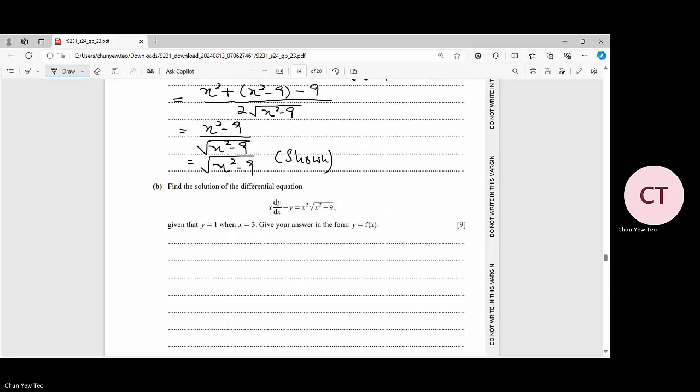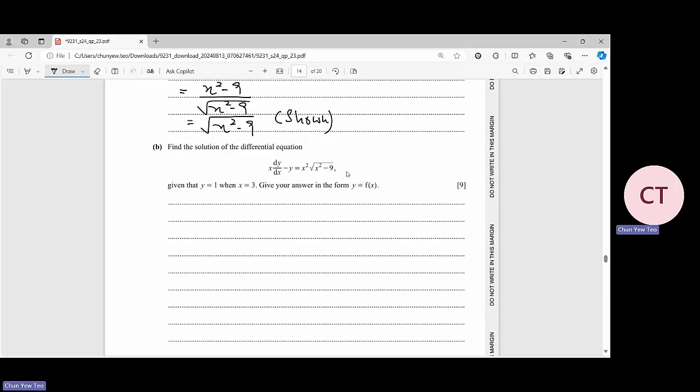7B, asking you to solve the first order differential equation of this one. Given that y equal to 1 when x equal to 3, and they want your answer in terms of y in terms of x. So what you need to do here is that for these questions, you need to decide which method it belongs to. So this one is a linear equation. It's supposed to be using the integrating factor, the IF. I divide everyone by x.